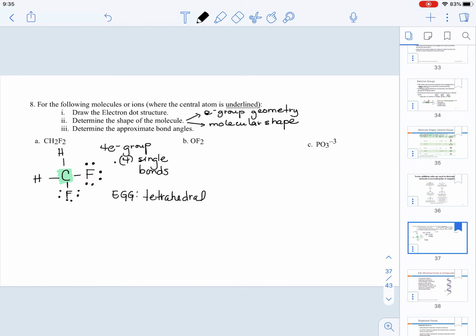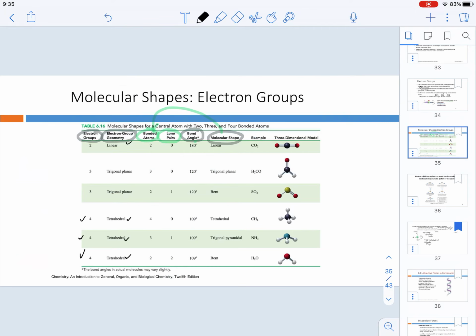Now, because this first molecule doesn't have any lone pairs, meaning any dots on that central atom, when it comes to molecular shape, going back to my table, I will say, okay, this has 4 bonded atoms, no lone pairs. That means that the molecular shape is also tetrahedral.